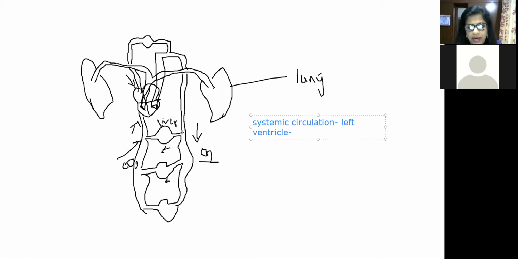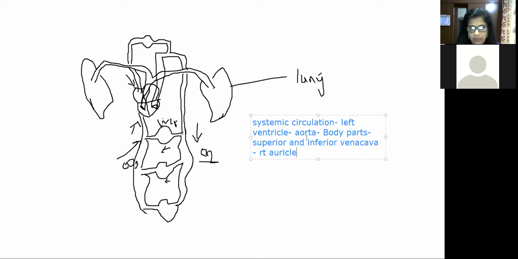Next it will move to the systemic aorta, then it will move to all the body parts, then it will come back through the superior and inferior vena cava, to where it is released: the right auricle. This is called systemic circulation.